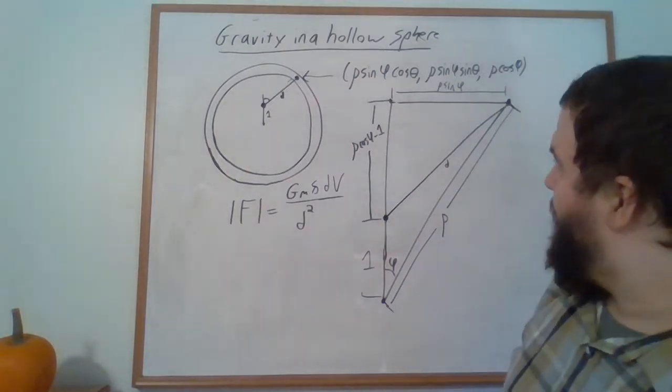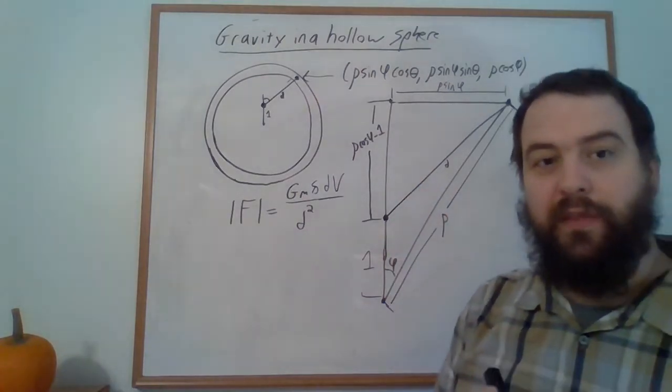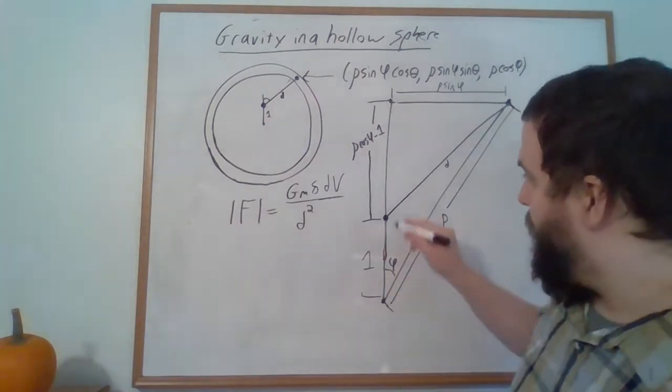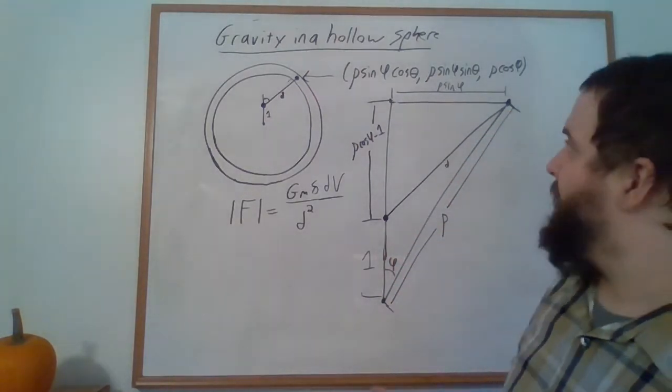Lucky for us, we can work that out. There are two ways of working this out. One is to use the law of cosines on this triangle down here, and the other is to just use the Pythagorean theorem.